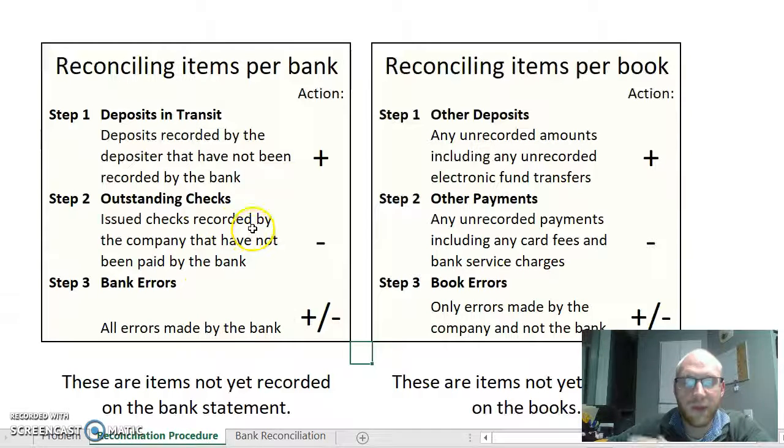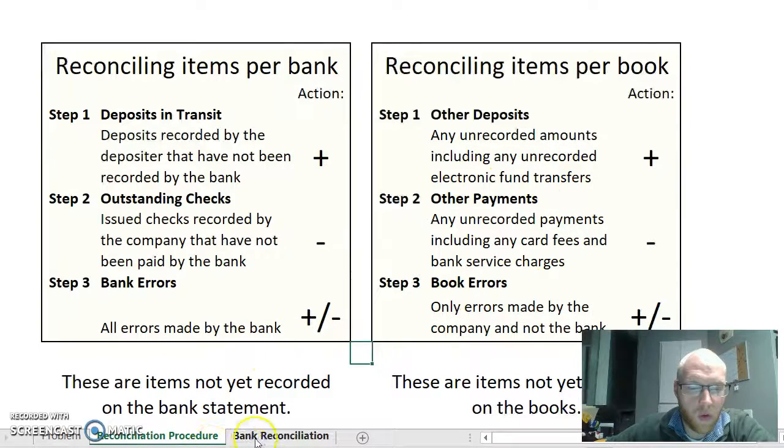On the other side, for reconciling items per book, we have step one being other deposits. This is anything that was deposited to the bank statement that is not yet on the books, so we need to add it to the books. Step two is other payments, or any unrecorded payments that we did not have on the books yet, so they need to be deducted, and some book errors that happen, and it's added or subtracted depending on the error, just like in the bank.